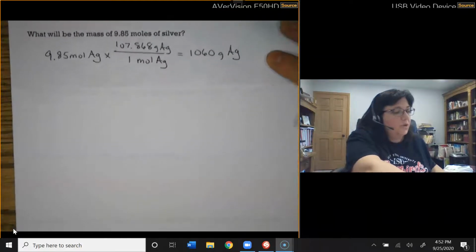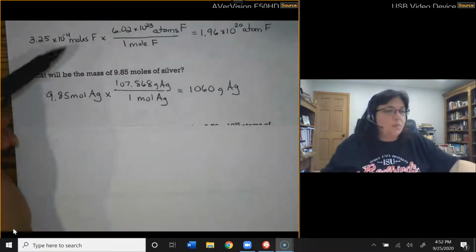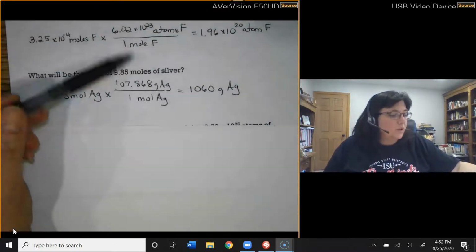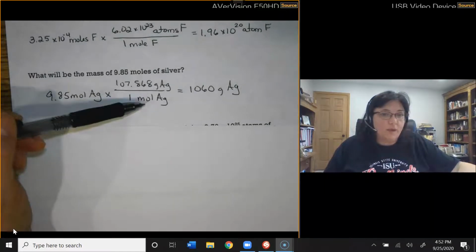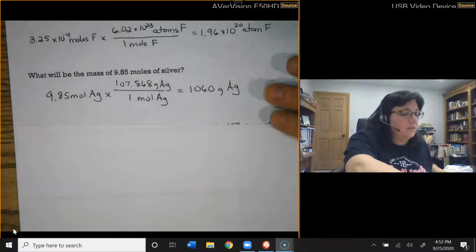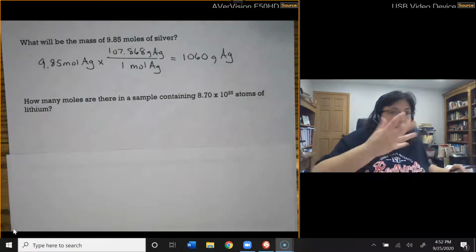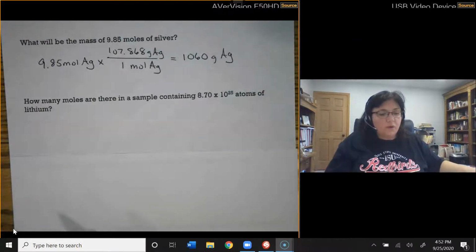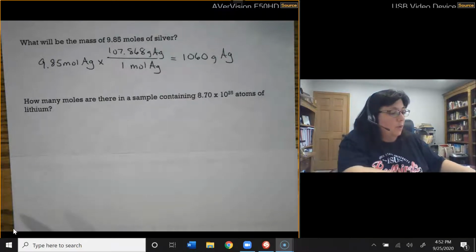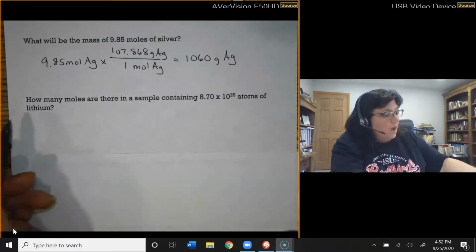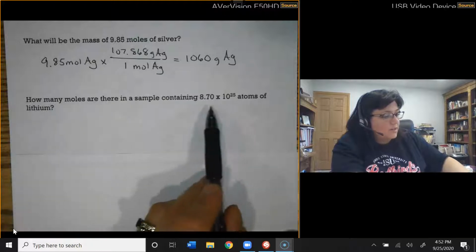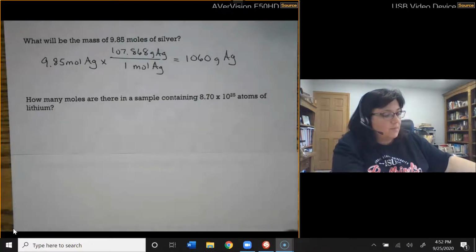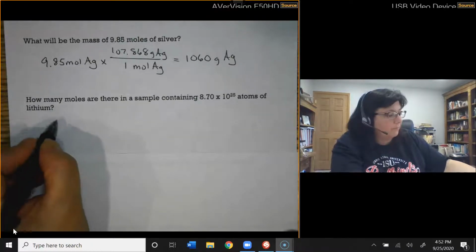Okay, so now you've seen 2 problems where we're using the conversion factor where we're canceling the mole out, so the mole's on the bottom. Now let's take a look at some others. You can remember you can flip conversion factors. So here's one where mole is going to be what we are solving for. So mole's going to have to be in the numerator. So how many moles are there in a sample of 8.70 times 10 to the 25 atoms?